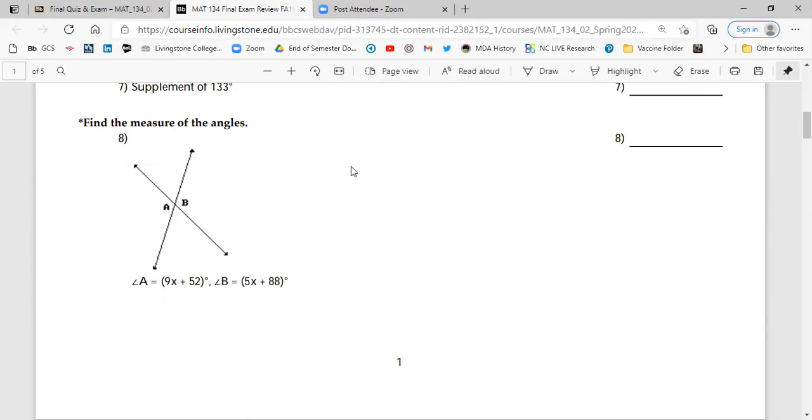Any questions with number 8? You sure? Any questions? Anybody that wants to go over it, we'll go over it. If not, we'll just move on. Basically, you just set the angles equal to each other and solve. Okay, nobody's saying anything? We'll move on.